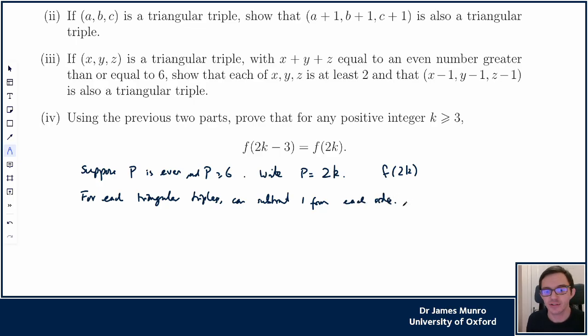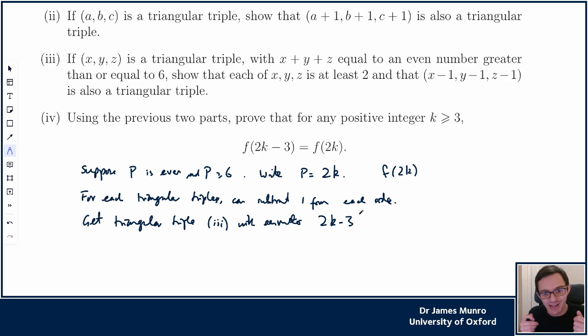If we do that, we get a triangular triple with perimeter 2k minus 3, because it started with 2k and we subtracted 1 from each side. A triangular triple with perimeter 2k minus 3.